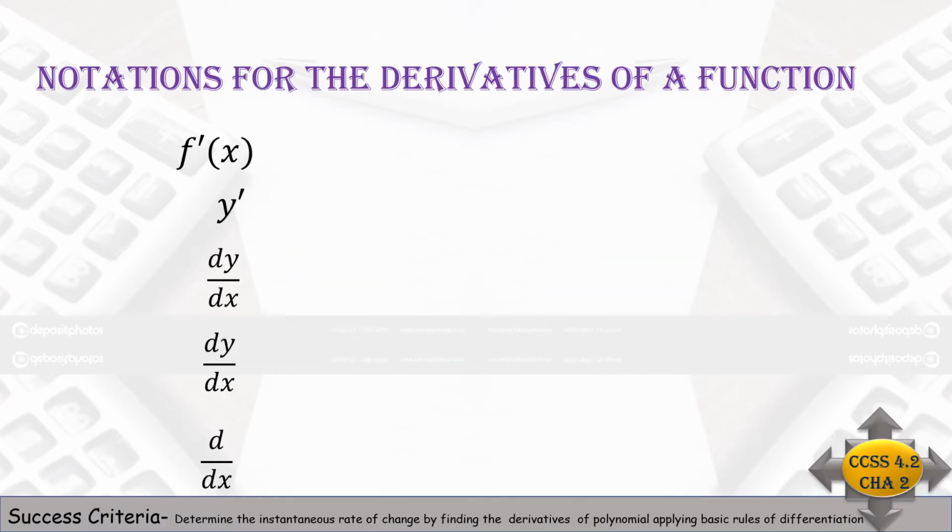Now we all know that there are different notations of the derivatives of functions. In order to denote the derivatives, we use f prime x, y prime, dy by dx, or d by dx. These are all called differential operators.